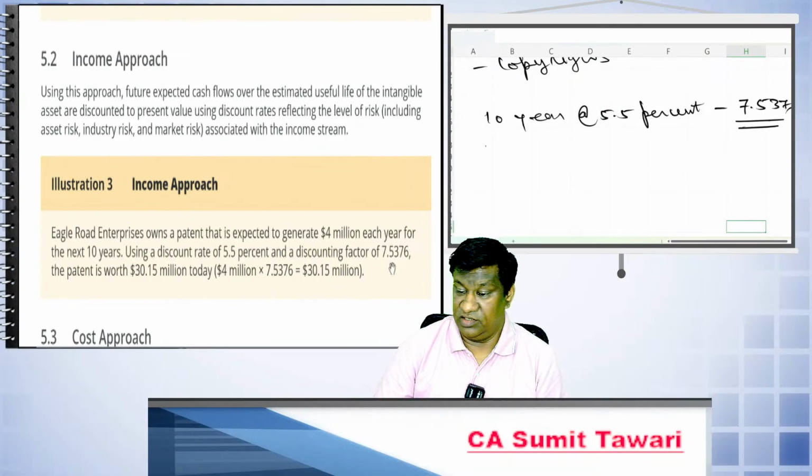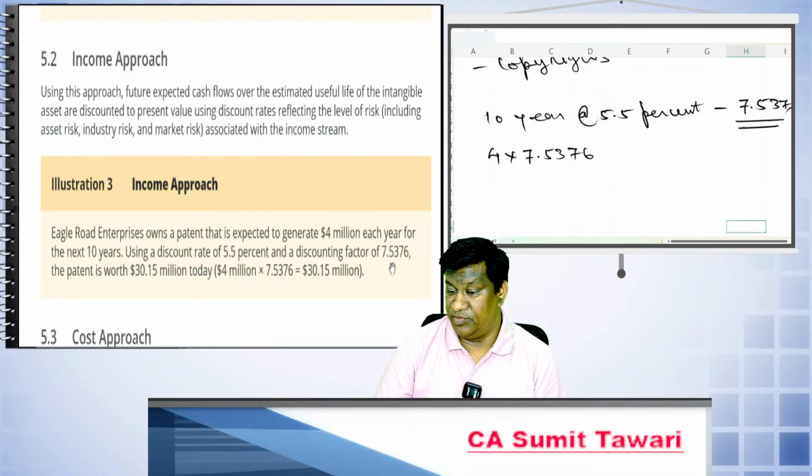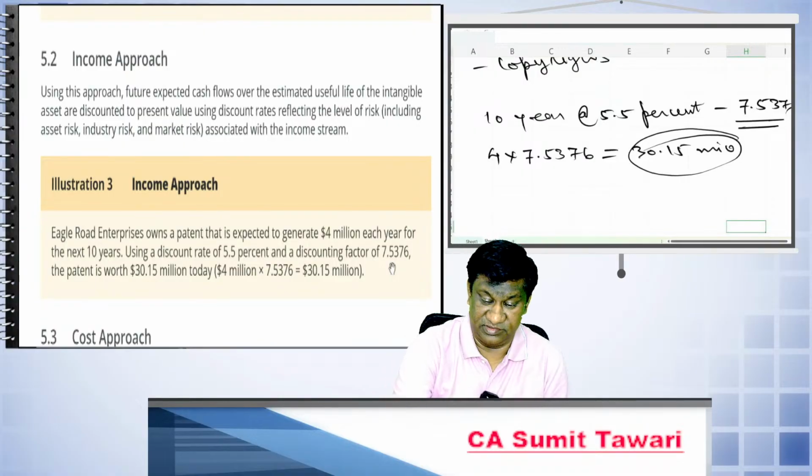So then 4 million every year, the present value of this 10-year amount is 4 multiplied by 7.5376, which is 30.15 million. So this is basically the value of my intangible asset.